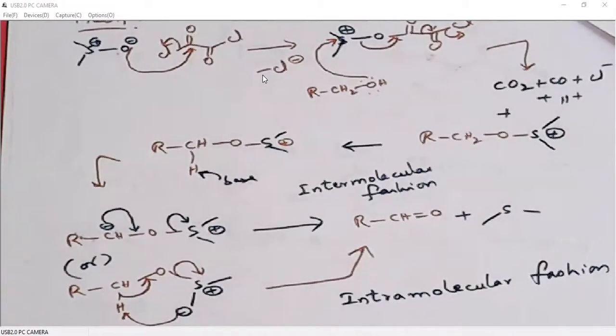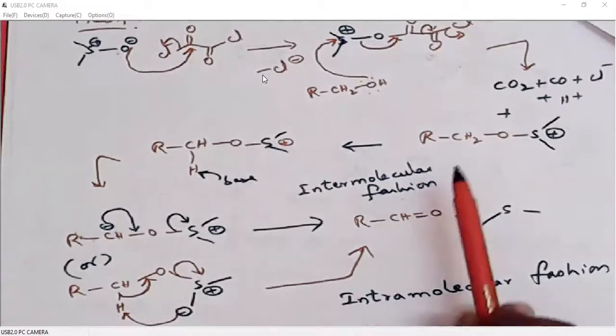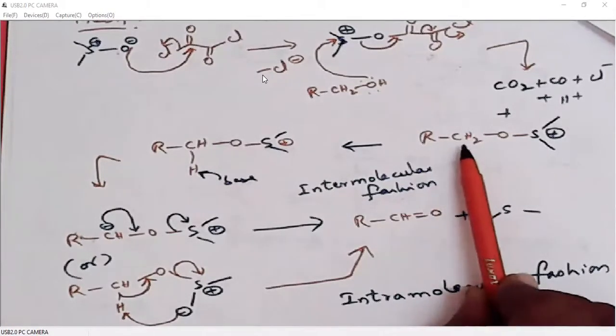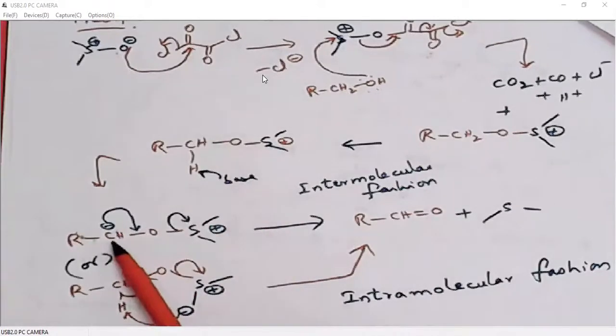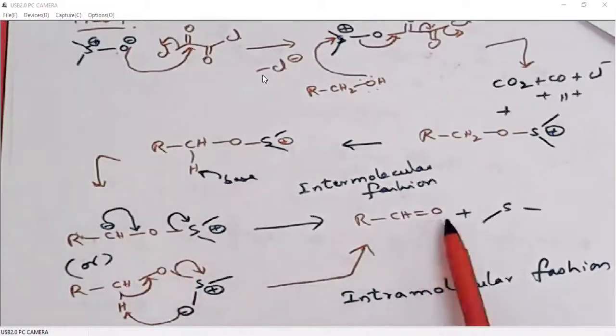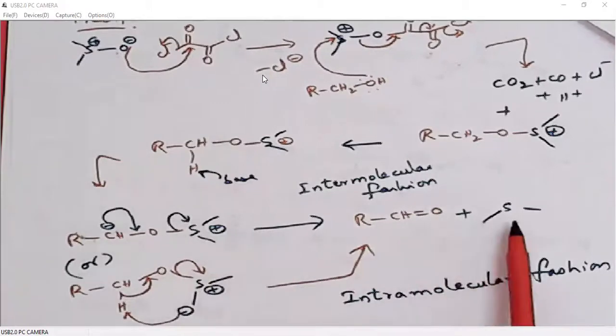Then a base in the reaction medium will pick up the proton on alcoholic carbon, generating a negative charge on alcoholic carbon. The negative charge will be polarized to get the carbon oxygen double bond, and sulfur will be reduced to DMS. So it is common for all sulfur based oxidations.